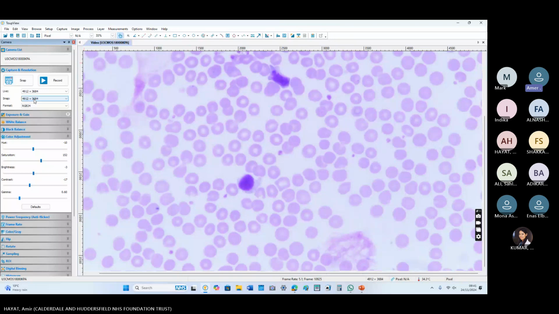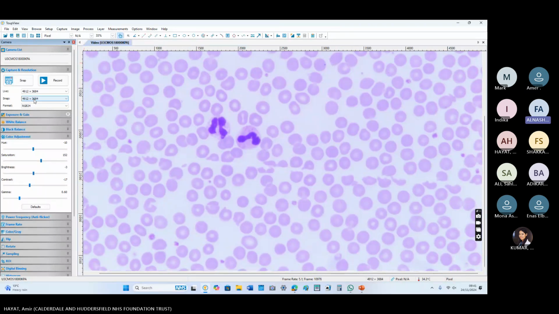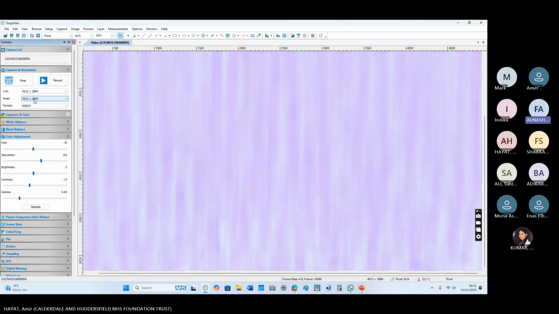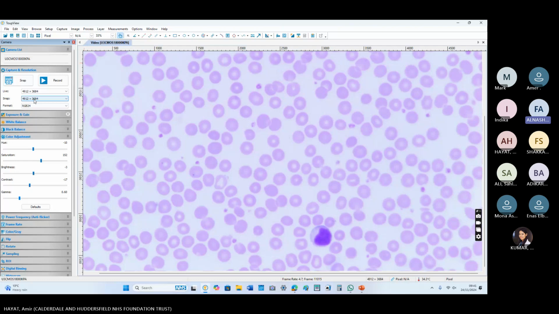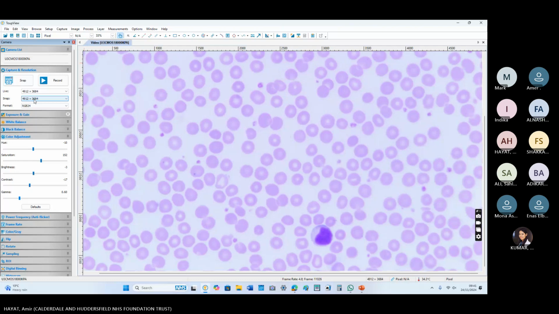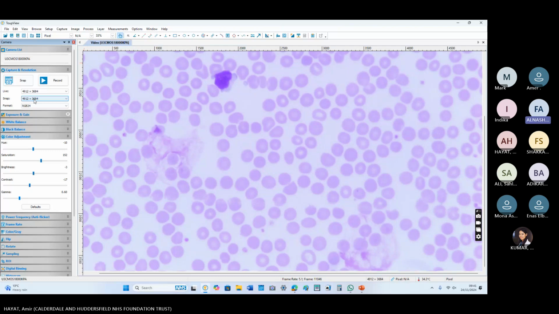So what comes to your mind when you have a 24-year-old patient with cervical lymphadenopathy? Infectious mononucleosis, other viral infections, lymphoproliferative disease like lymphoma.